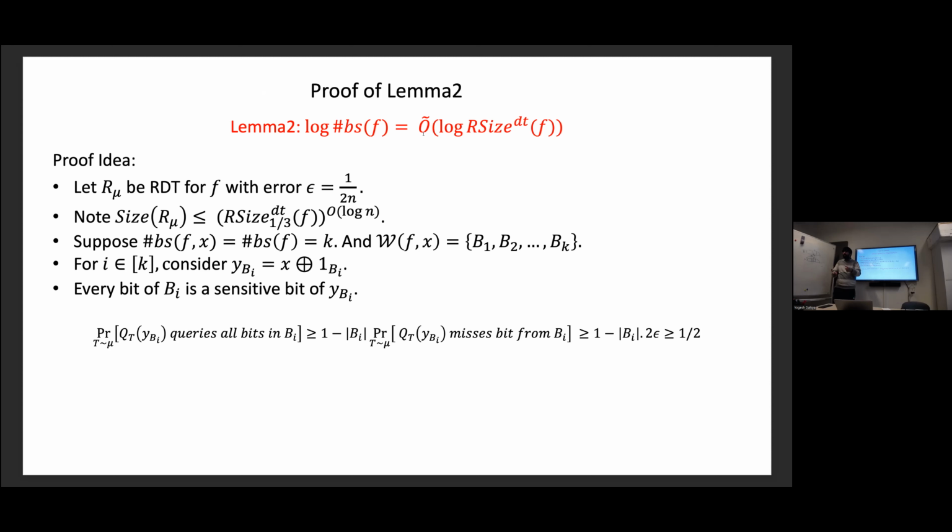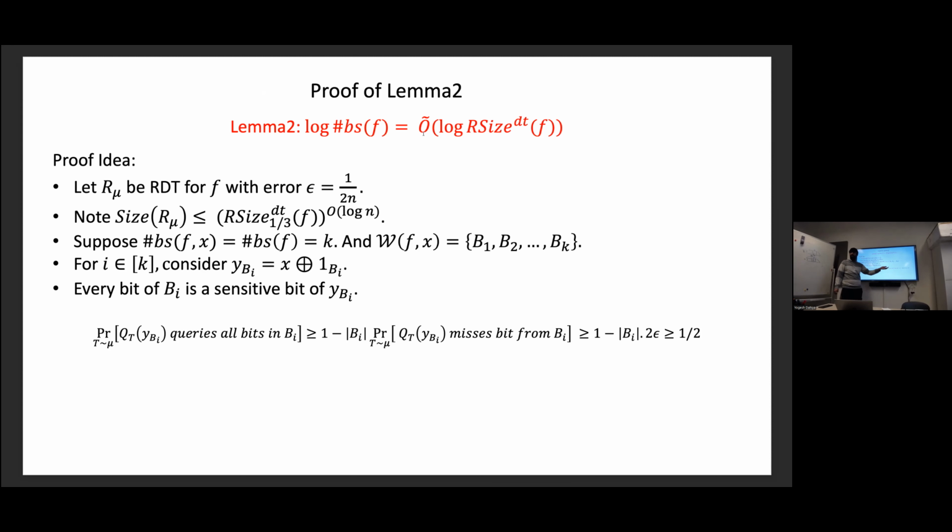And so that bit must be queried with probability 1 minus 2 epsilon. Right? So the probability of this not happening is less than 2 epsilon. And the size of this block can be at most n. So by union bound, the probability that I don't query all the bits of Bi on input Yi is size of Bi times 2 epsilon. Since the size of Bi can be at most n, and epsilon is 1/2n, we get that with probability at least half.